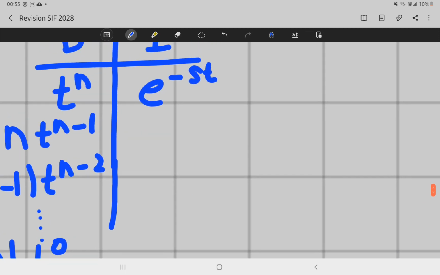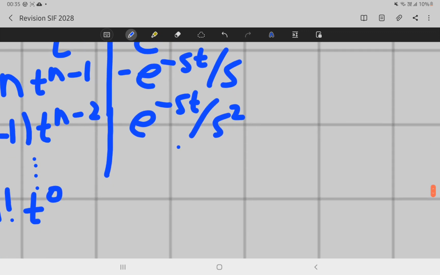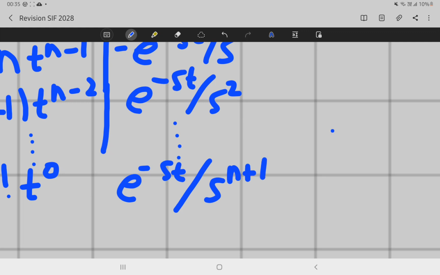The integrals are e to the minus st divided by s, e to the minus st divided by s squared, until e to the minus st over s to the power of n plus 1.